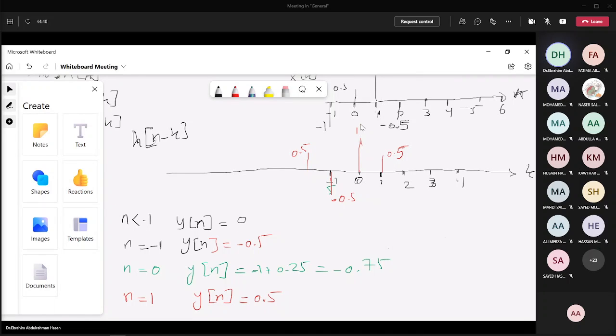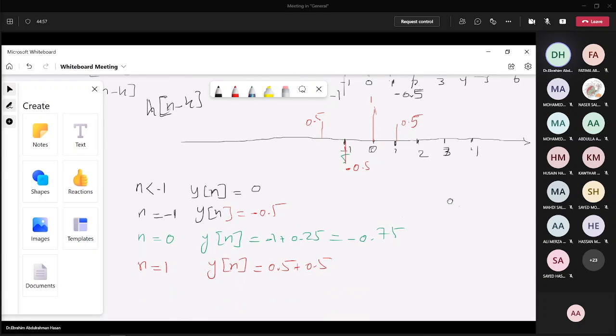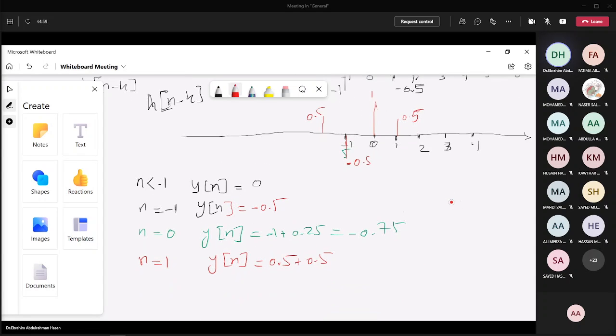Okay, and here 0.5 multiplied by the second one, 0.5 multiplied by 1, so plus 0.5. And the third one here, it is 0.5 multiplied by 1, again 0.5. So then it is equal to 1.5. Okay.